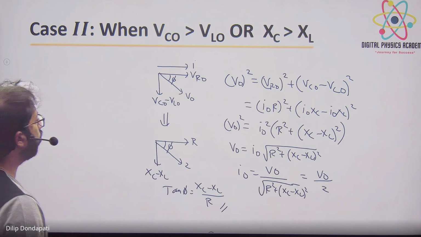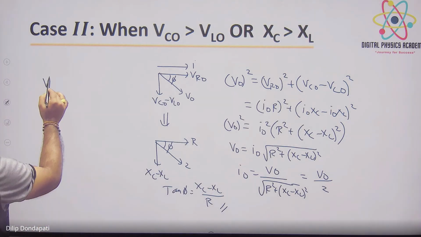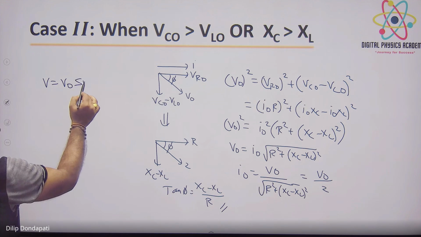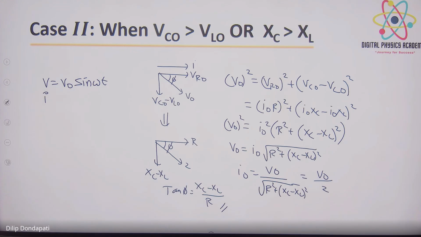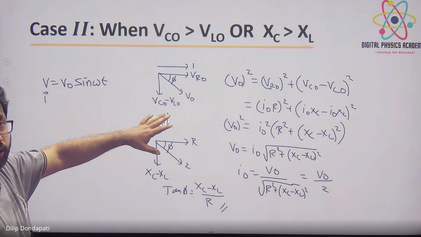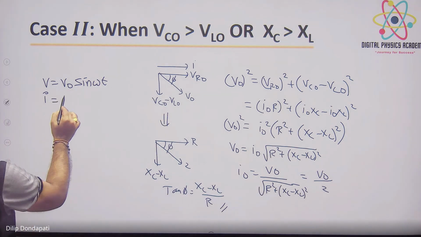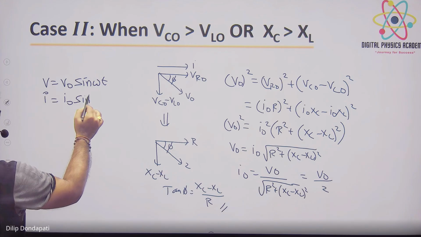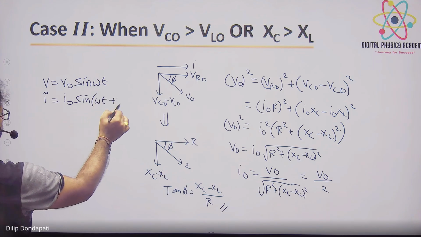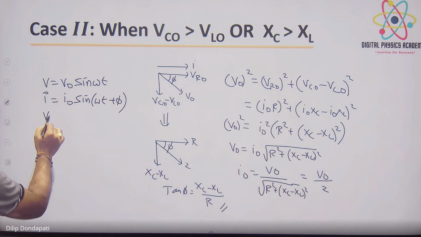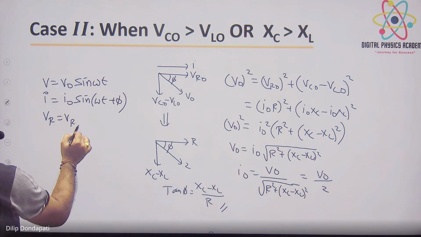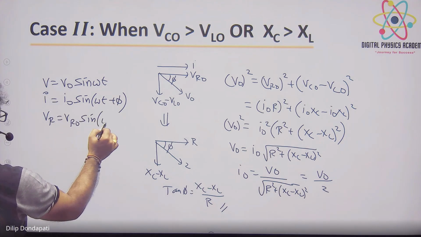Now लिख सकते हो वोल्टेज का, if I given V is equal to V naught sin omega t, करंट कितना आएगा? Since it is acting like an RC circuit, this current will lead by phi, so I naught sin omega t plus phi. Now करंट मालूम है, प्योरली रेजिस्टेंस में क्या आएगा, VR is equal to VR naught sin omega t plus phi.